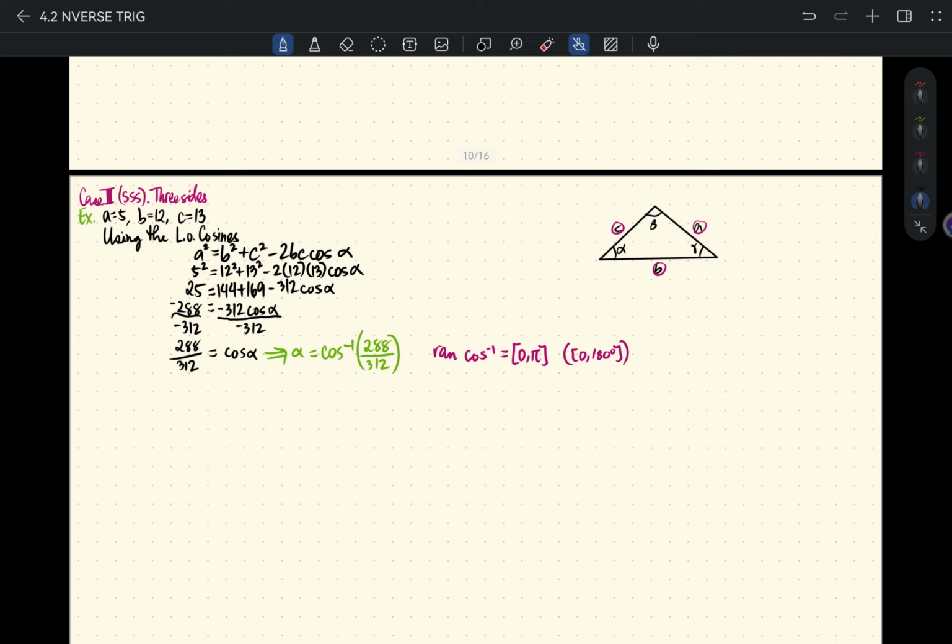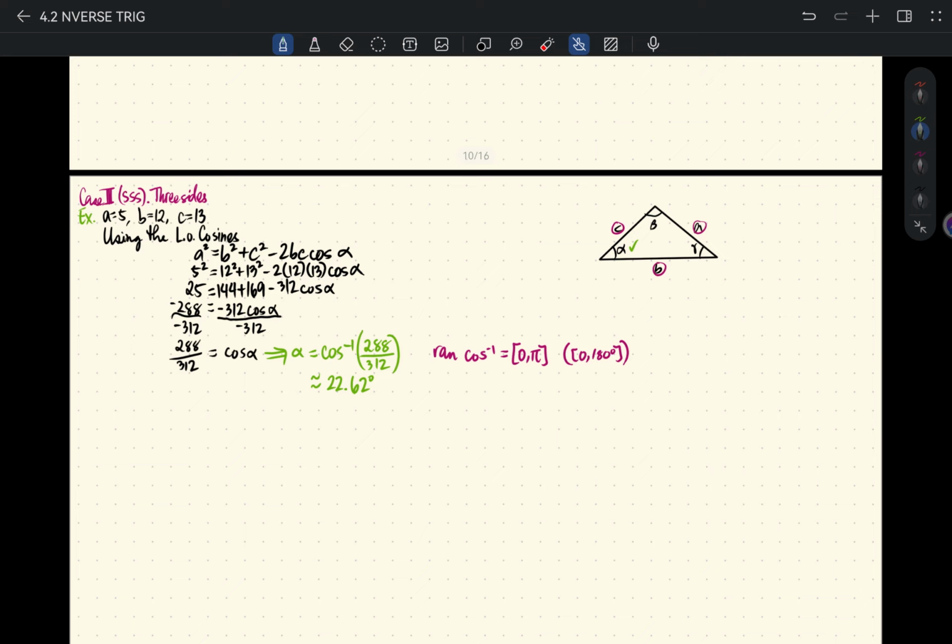So we get here that alpha equals cosine inverse of 288 over 312. And this one is approximately 22.62 degrees. So we have our first value for alpha.